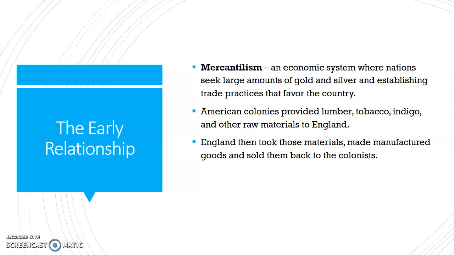Raw materials are just materials that get made into other stuff. So they would get the basic stuff from the colonies that would then be sent to England. England would make better stuff out of it. And then they would send those manufactured goods back to the colonists and expect them to buy them.